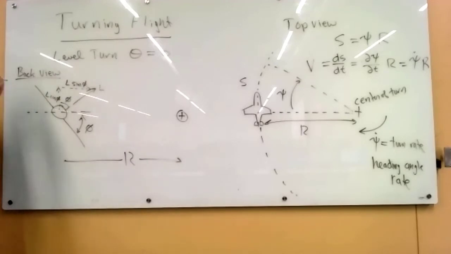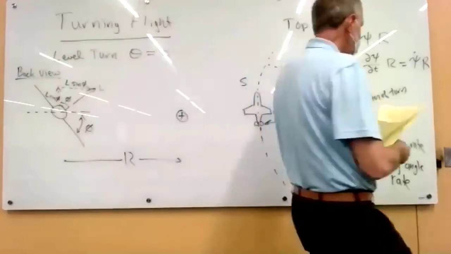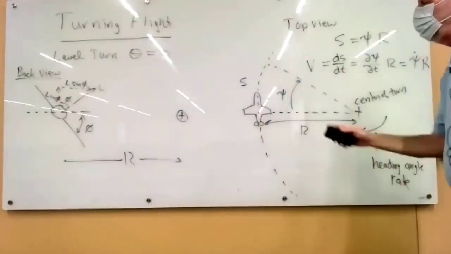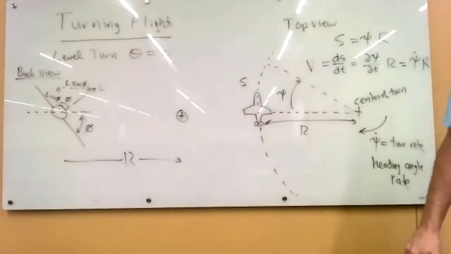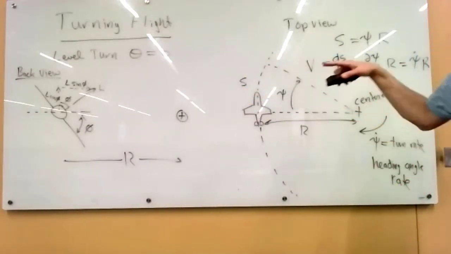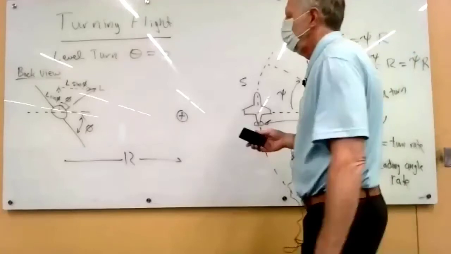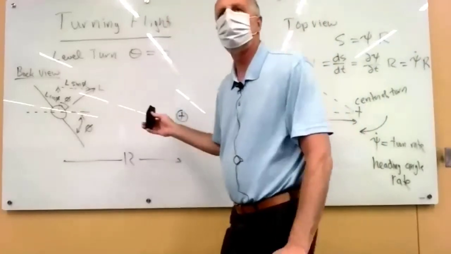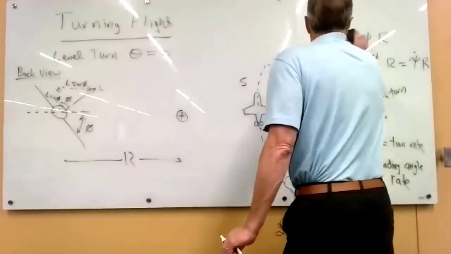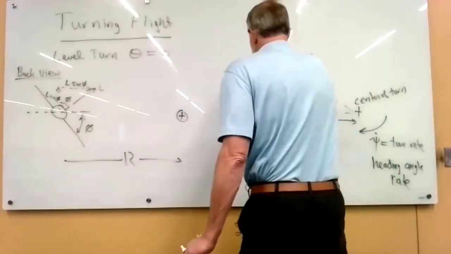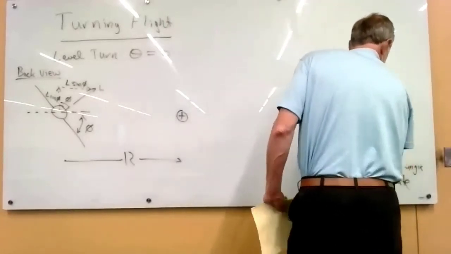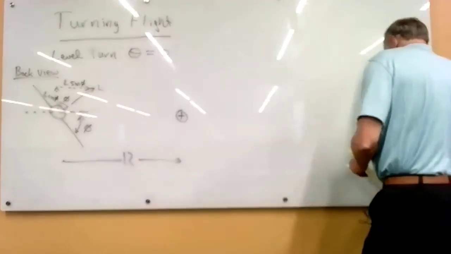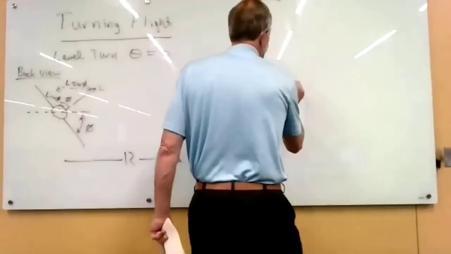So now I'm drawing a free body diagram. Let me make it bigger over here because I got kind of small there. But that's the picture that we're looking at. So now I'm going to zoom in on just the airplane. We have to remember it's following the circular path, and so we need a centrally acting force. So let's draw a big picture of the airplane here.